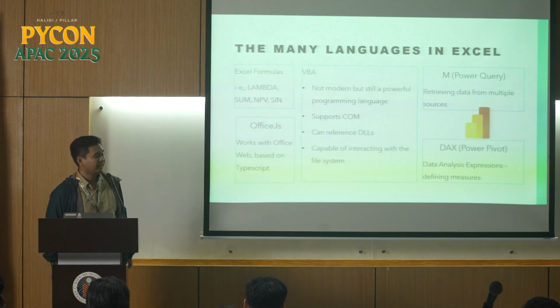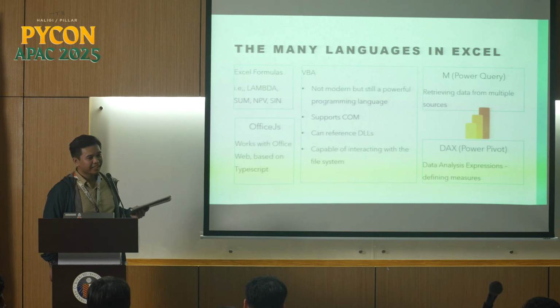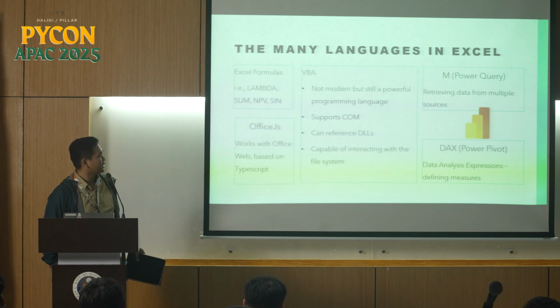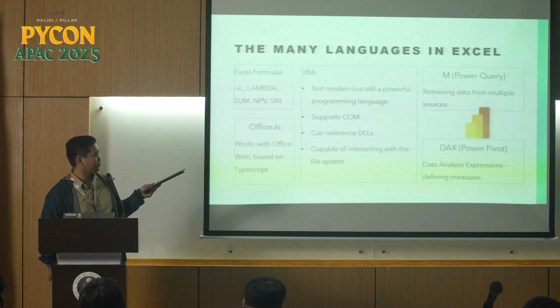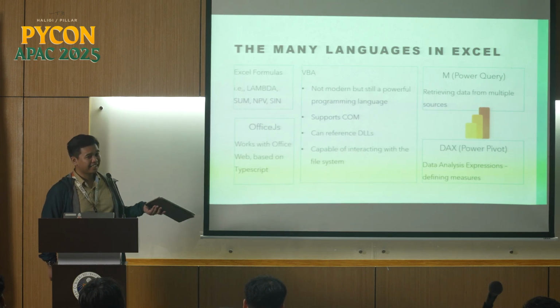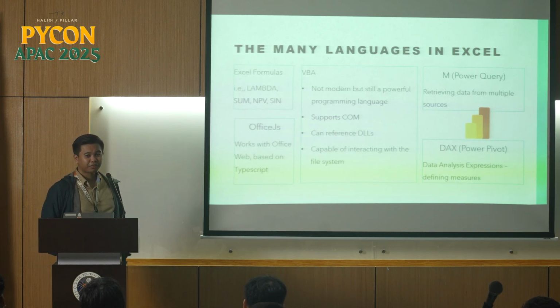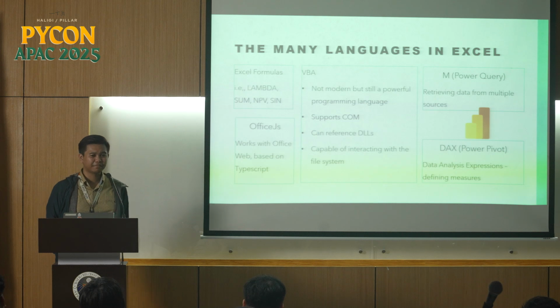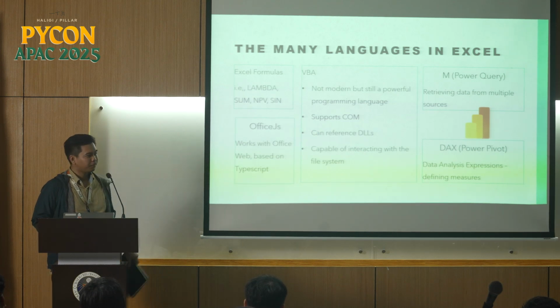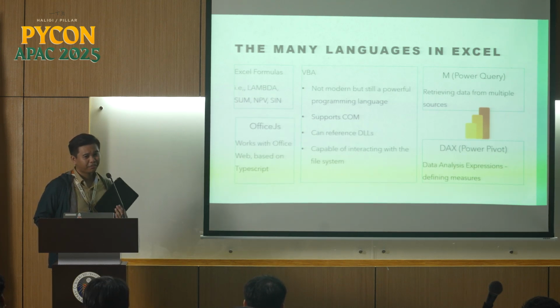And then of course, it has a lot of access, especially system level. So it supports the Component Object Model. It can reference DLLs, especially those in System32 for those who use Windows. And then it's also capable of interacting with the file system. That's why for us users, it's very powerful.